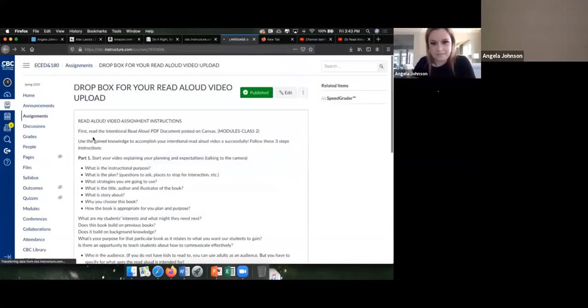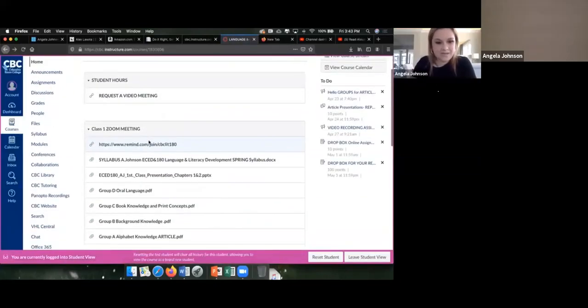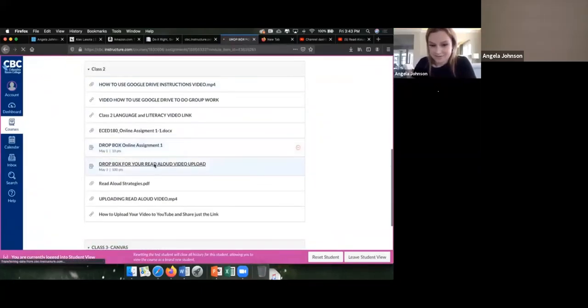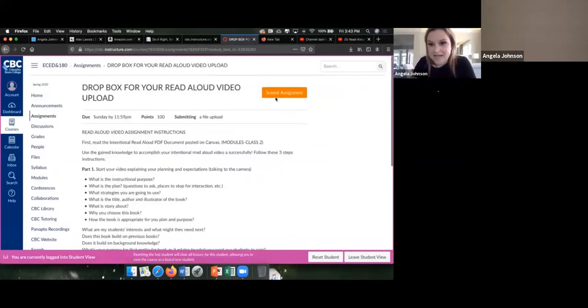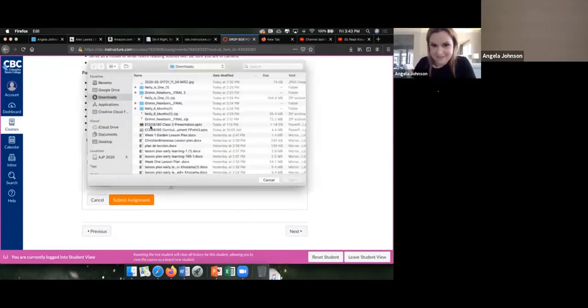Actually, let me make sure that I have student view so you can see what it looks like to you. Then you would see right here, Dropbox for your read aloud upload. And right here, it says submit assignment. It's gonna say browse. Then you're gonna go to where you saved it.